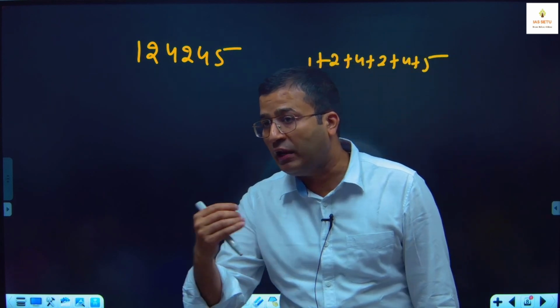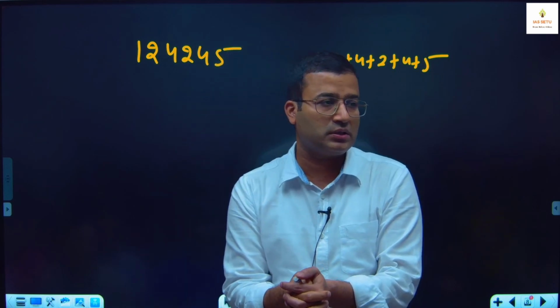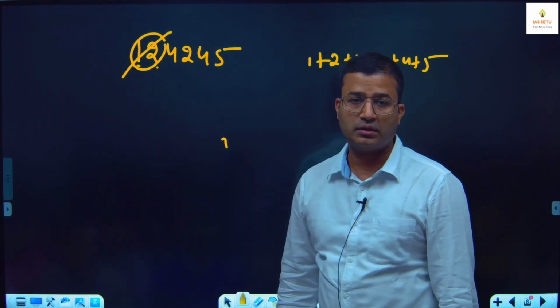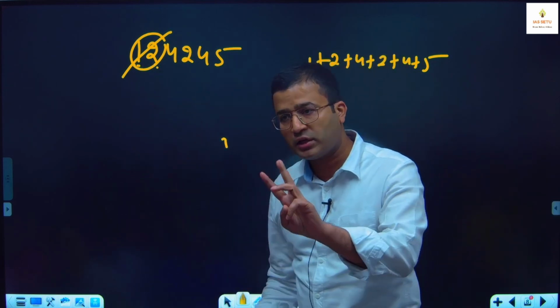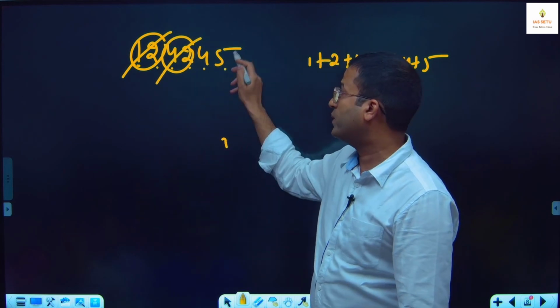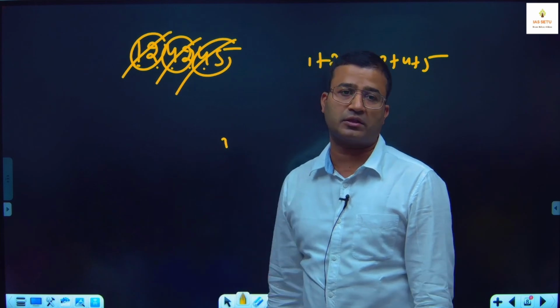But if alone it is not 3, but as a couple it can be 3. ठीक है? Husband wife मिलके 3 बन रहे हैं. तो you can ignore this 3 also. 1 and 2 together give you 3, ignore. 4 plus 2 give you 6, ignore. 4 plus 5 give you 9, ignore. It means this number is exactly divisible by 3.